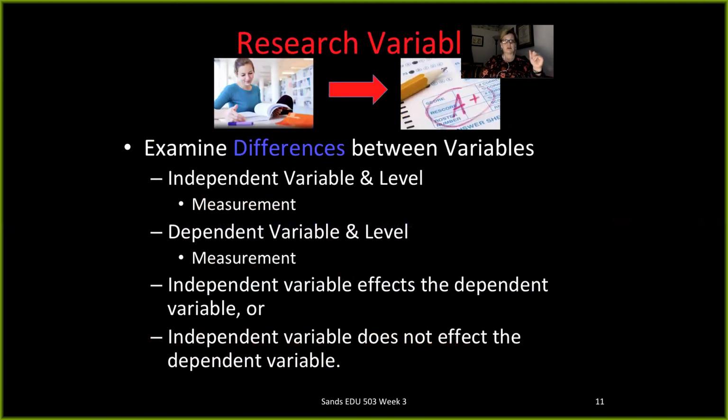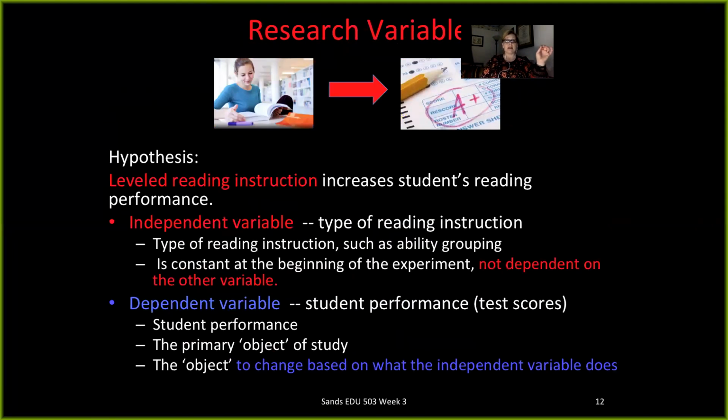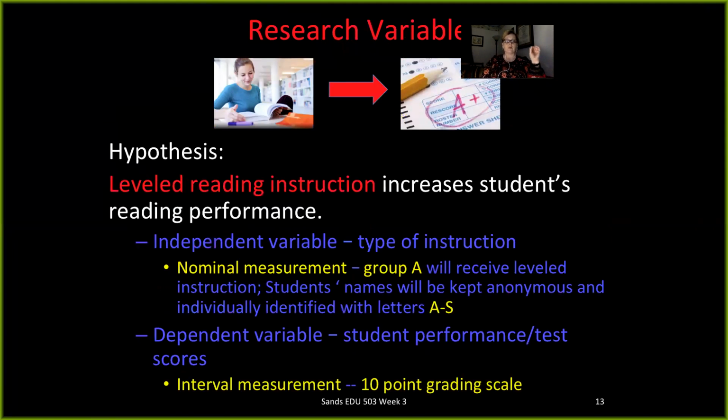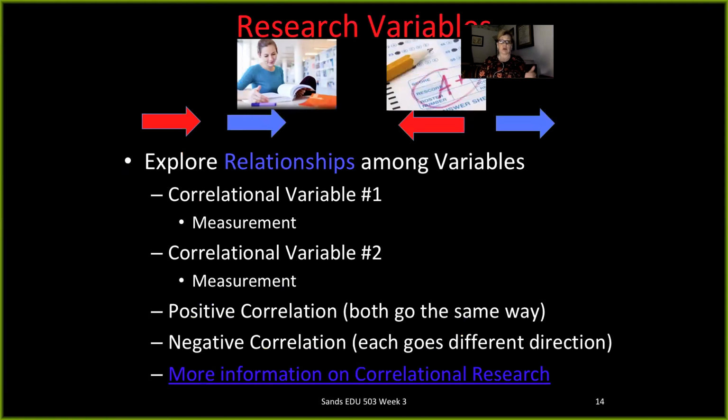So I talked already a little bit about the difference in independent and dependent variables and the purpose that they serve. And then I referenced in the PowerPoint presentation, nominal measurement is just labeling information. You're categorizing information, and there's really no measure involved. You're just trying to distinguish between groups. Correlational studies focus on relationships among variables.